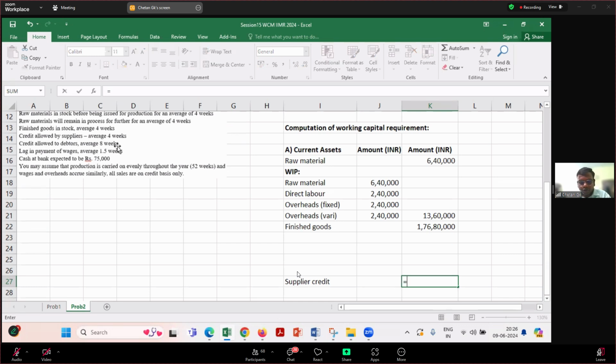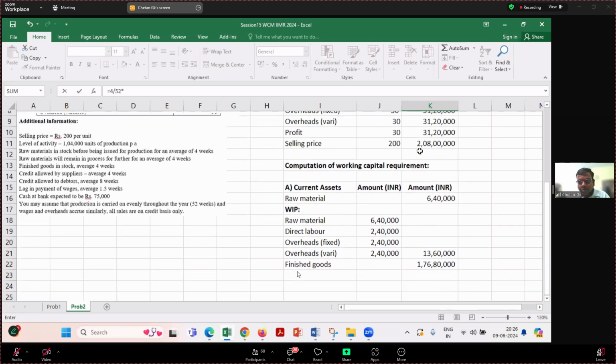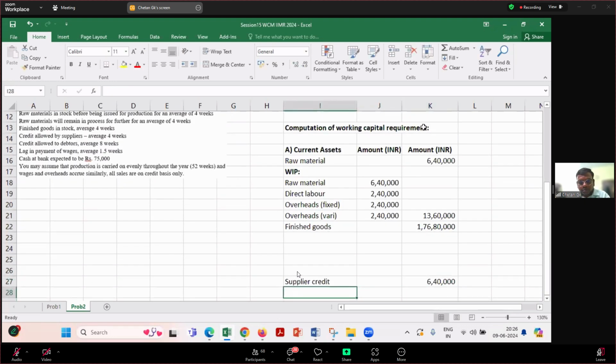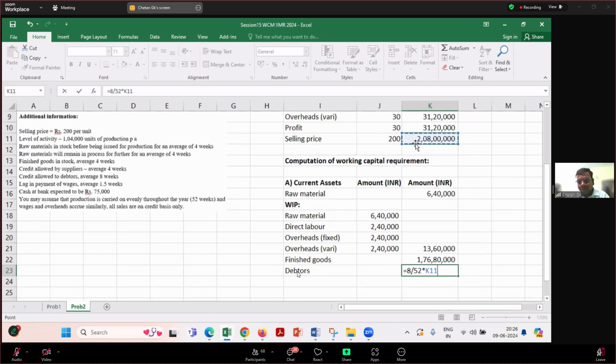So 4 by 52 raw material. Debtors. So debtors is 8 weeks. 8 by 52. So debtors means on the finished goods, that is on the selling price.